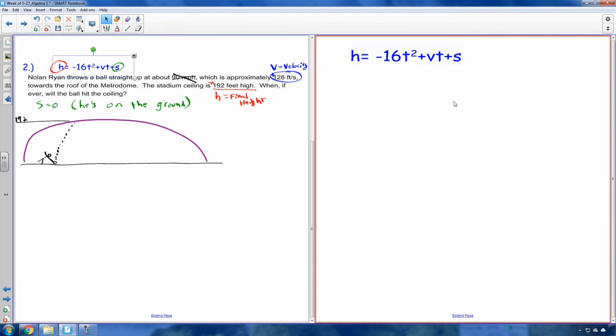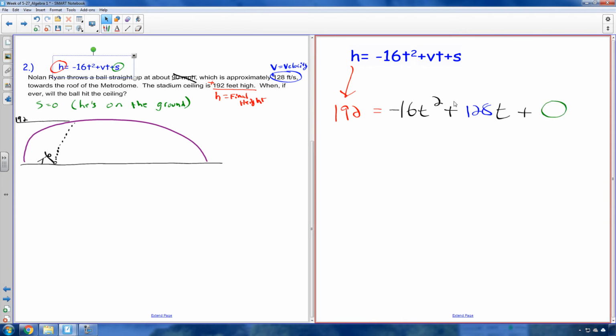So 192 equals negative 16t squared plus the velocity, which we said over here was 128t, plus the starting point, which we said was 0 because he was on the ground. So that's the equation we need to solve.